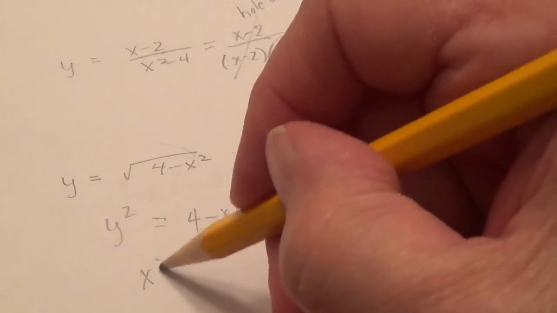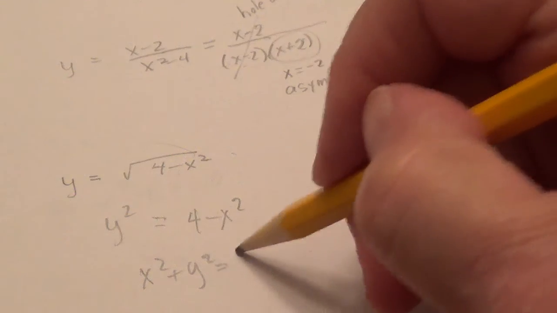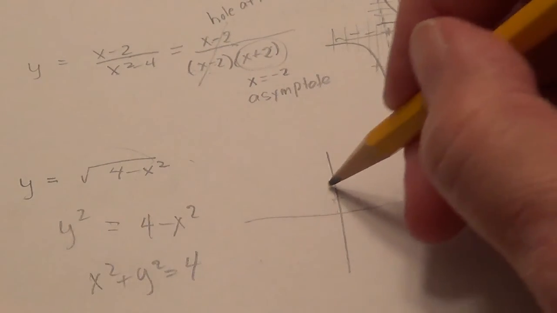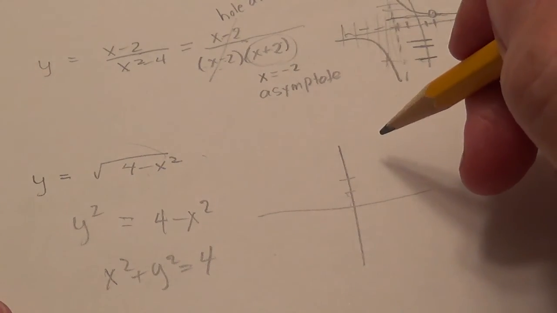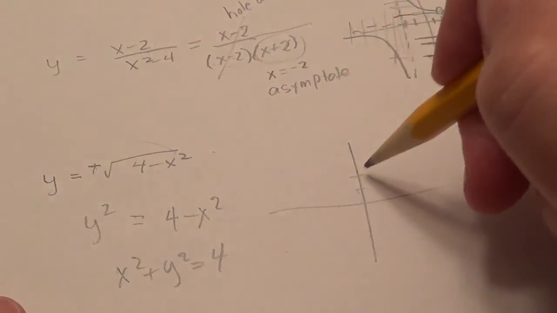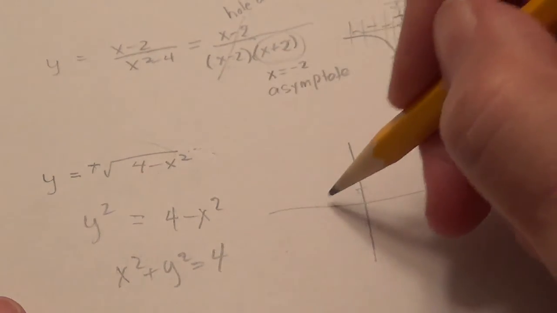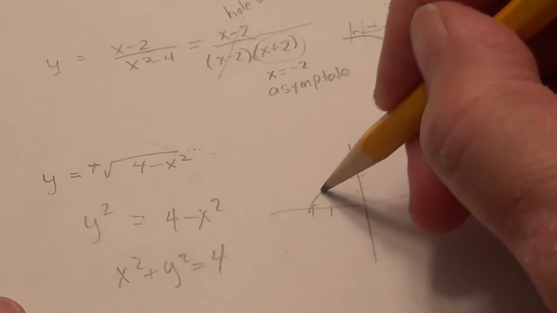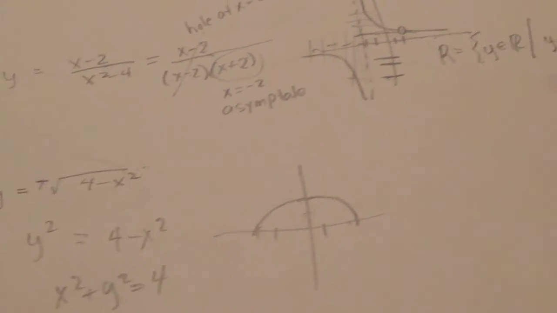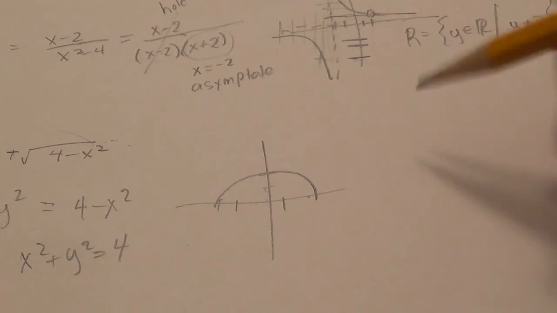Move the x over, and it's just the equation of a circle with radius 2. But again, your calculator could help you find that. I'm sorry, it's only the positive part, so it's half a circle. So if you put that in your calculator, you're going to get a graph like this. So seeing the graph is all you need to do.